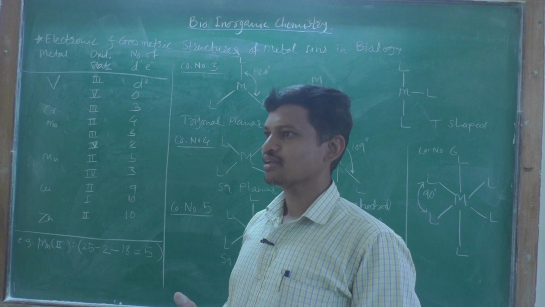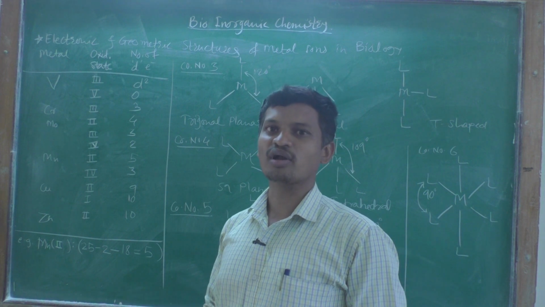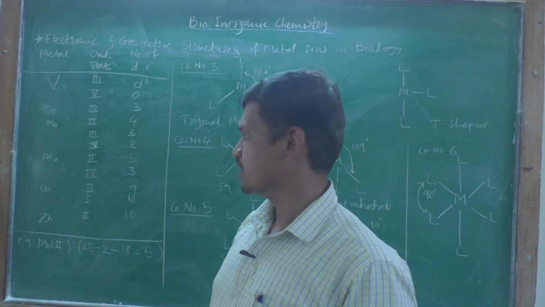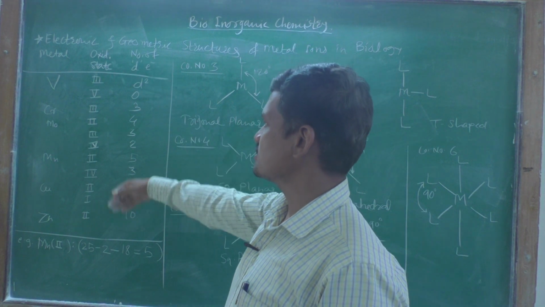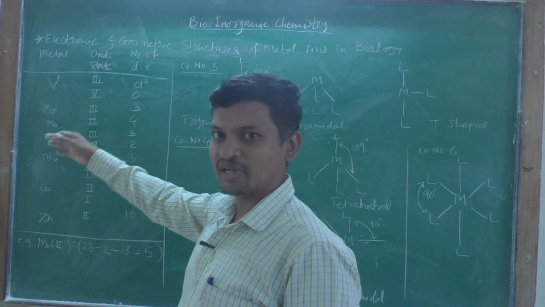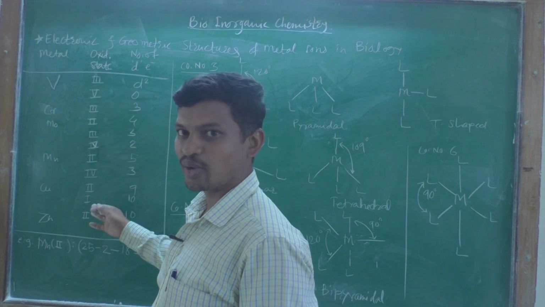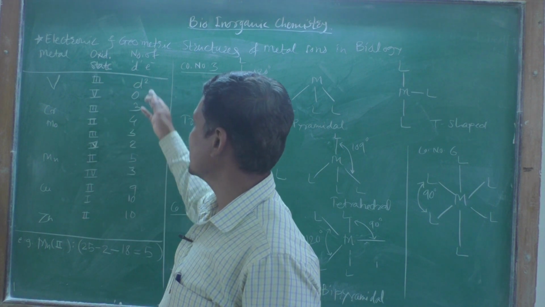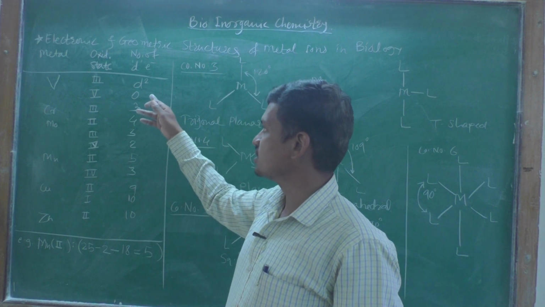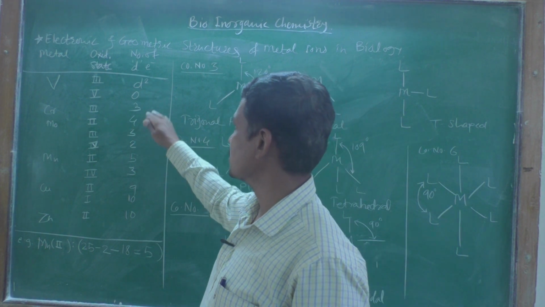They have different d electron counts. Here some metal ions have been shown with their different oxidation states, and their d electron count is depicted here.